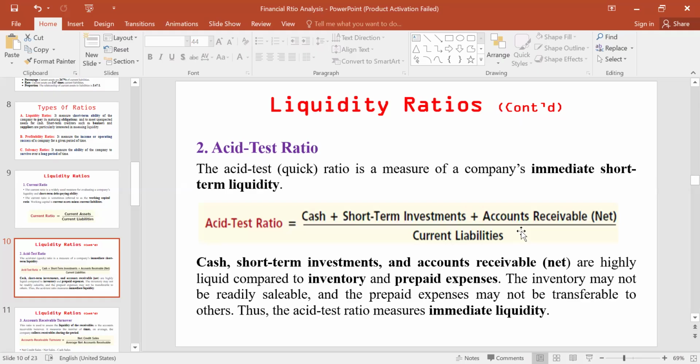If it is below the benchmark, your organization or institution is not in a good financial position. So this is the acid test ratio of liquidity ratio analysis.